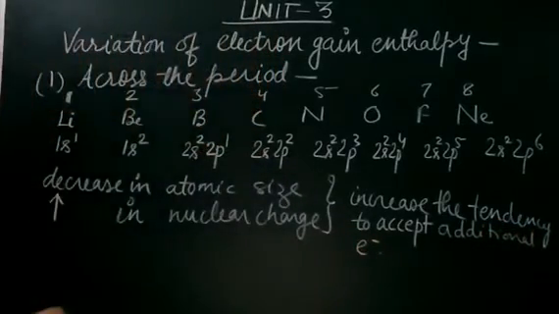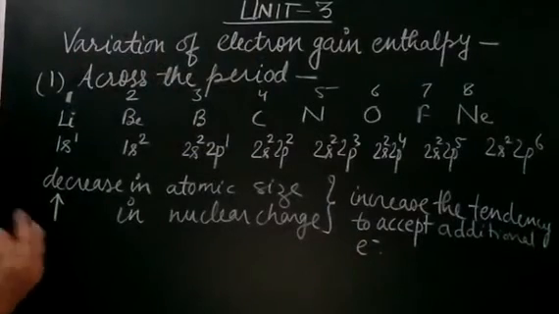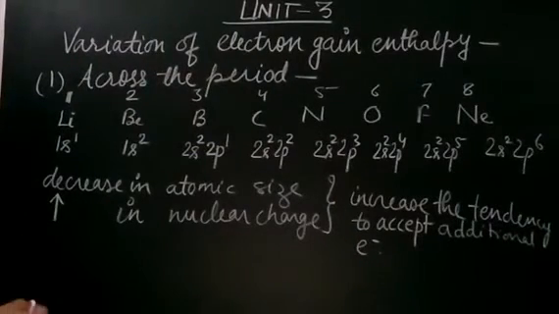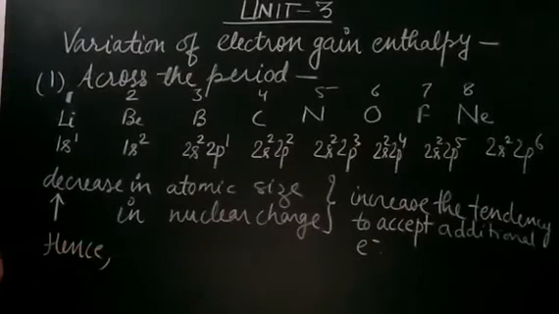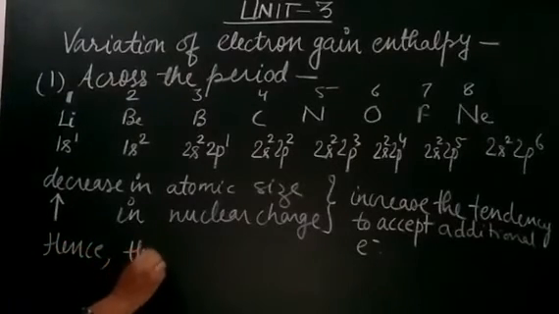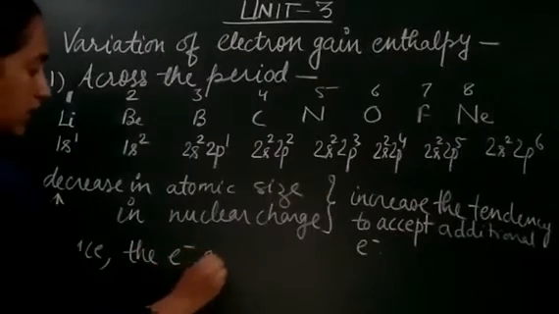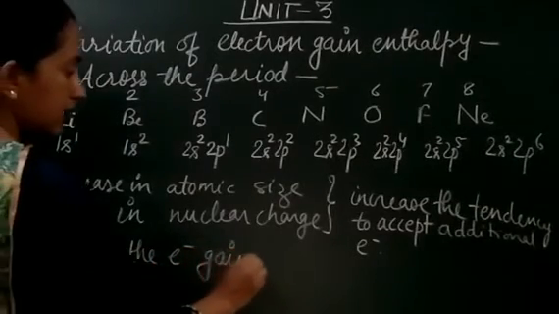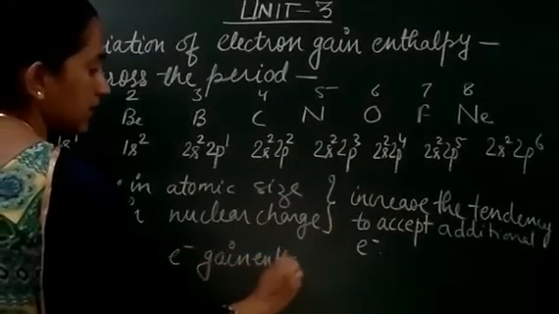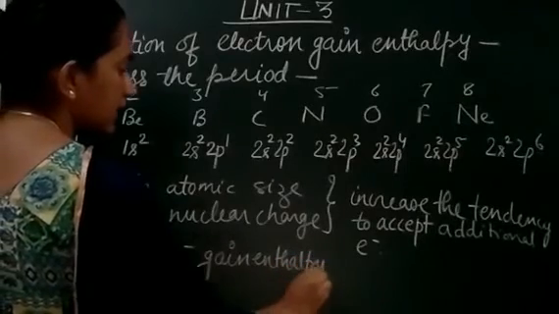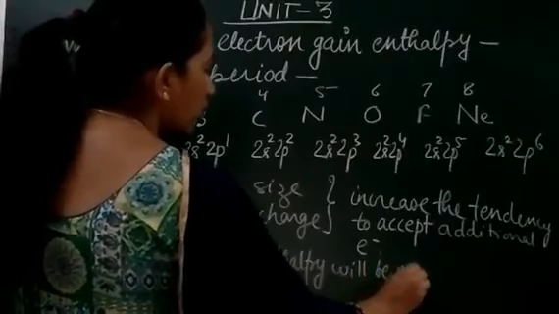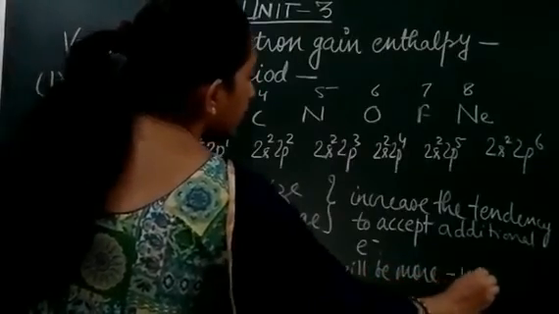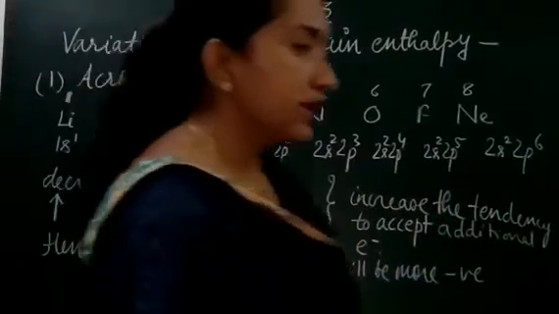That means the electron which will be supplied is coming from the outside. So hence the electron gain enthalpy will be more negative on moving across the period, right?